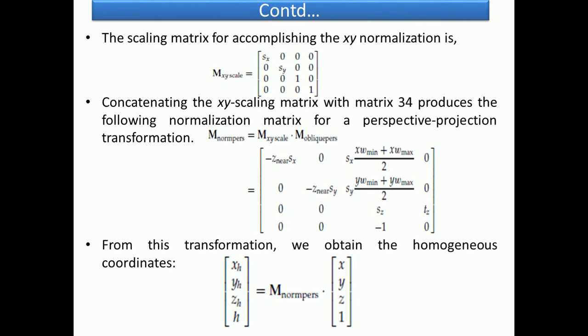So this resultant matrix is the normalization matrix for the perspective projection transformation. From this transformation, we obtain the homogeneous coordinates xh, yh, zh, h equal to M normalized perspective times x, y, z, 1.